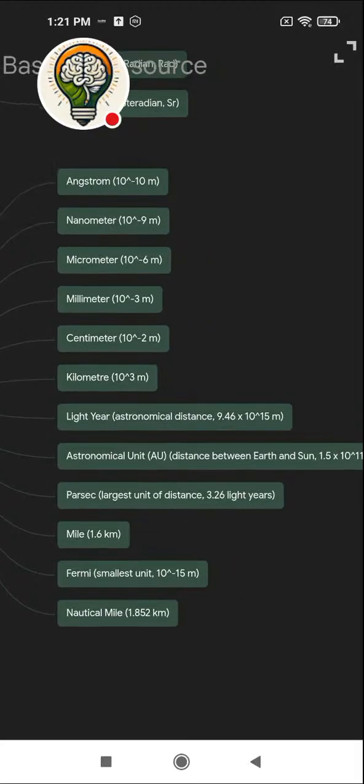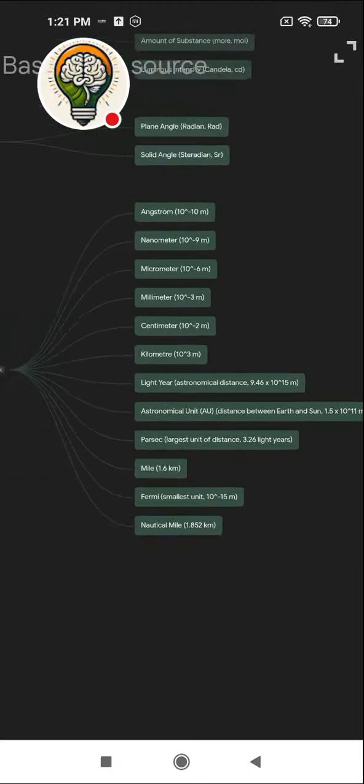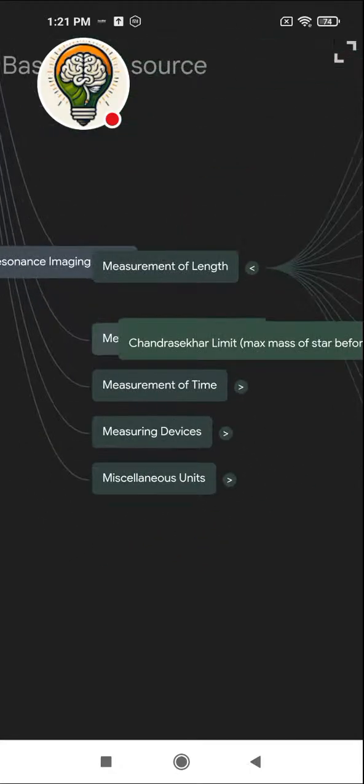Astronomical unit AU, the distance between earth and sun, is 1.5 into 10 power 11. And parsec, the largest unit of distance, is 3.26 light year. And mile is 1.6 kilometer. Fermi, the smallest unit, is 10 power minus 15. And nautical mile is 1.825 kilometer.